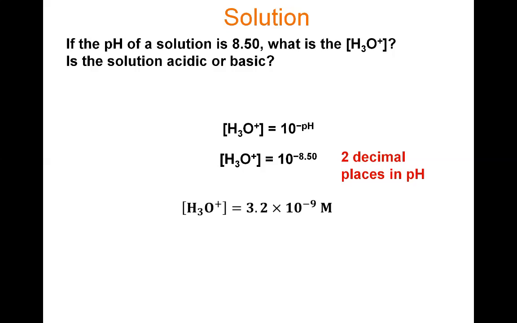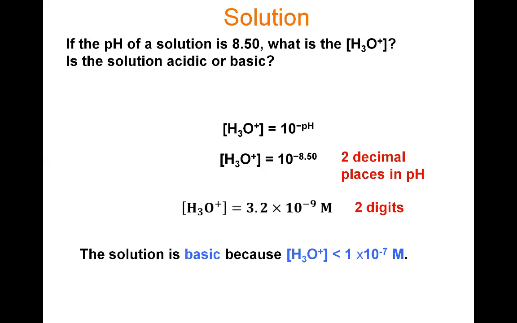So is this an acidic or basic solution? So you can use the pH. I think it's easier to use the pH. pH is above 7, which means it's basic. And you can also look at the concentration of H3O+ and see that it is smaller than 1 times 10 to the negative 7, which is the case here because we have 10 to the negative 9.